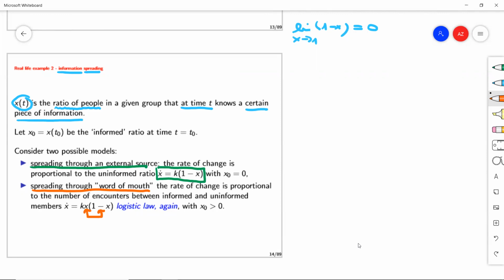So the rate of change of the informed ratio of people is proportional to the product of informed people and uninformed people. So the bigger this product, the quicker the spread of the information. And this is another way of using this logistic law.